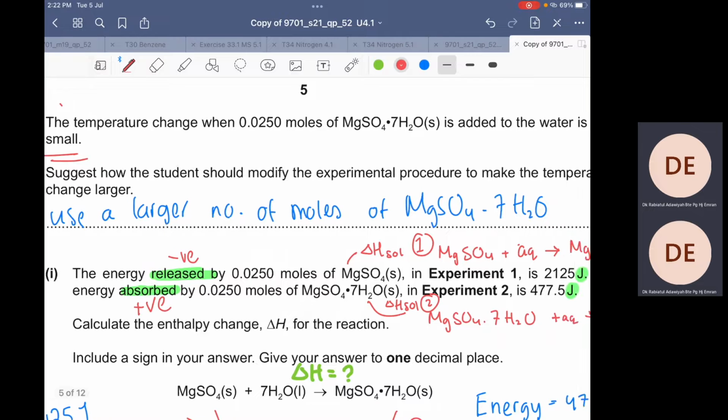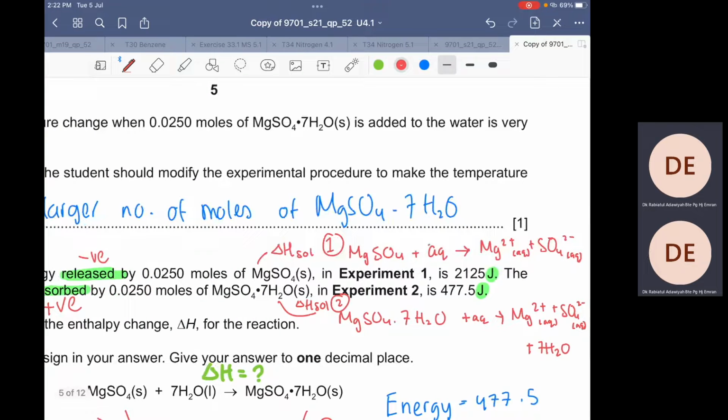By 0.0250 moles of the hydrated magnesium sulfate. The equation associated with that is dissolve the hydrated solid to form Mg2 plus aqueous, SO4 2 minus aqueous, plus 7 moles of H2O. Again, the energy is 477.5 joules. I want them to be in kilojoules per mole.